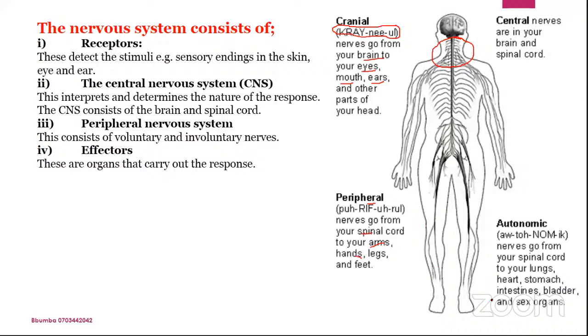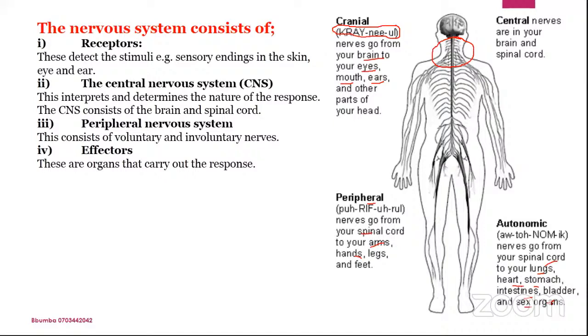Then you also have the autonomic nerves, which go from the spinal cord to the lungs, stomach, heart, intestines, bladder, and sex organs. Even the sex organs that you have are also supplied by nerves. In case those nerves get damaged, your sexual organ may never work again.